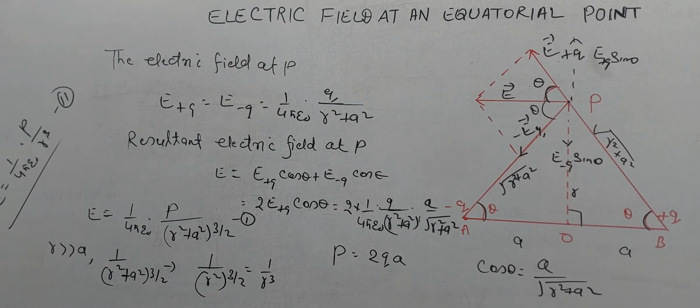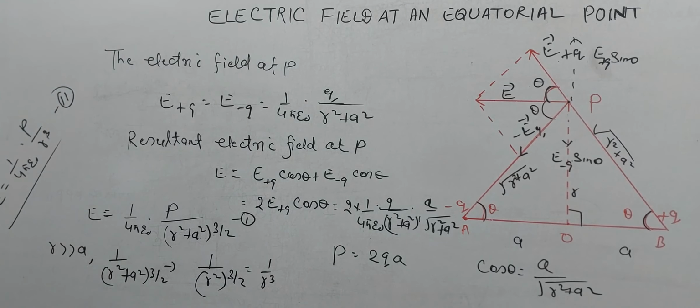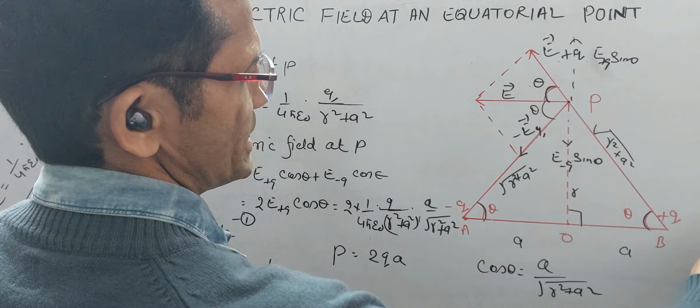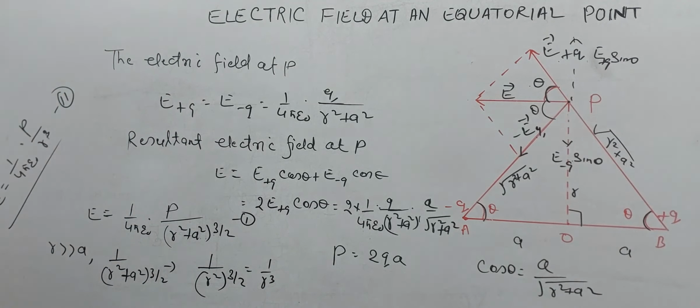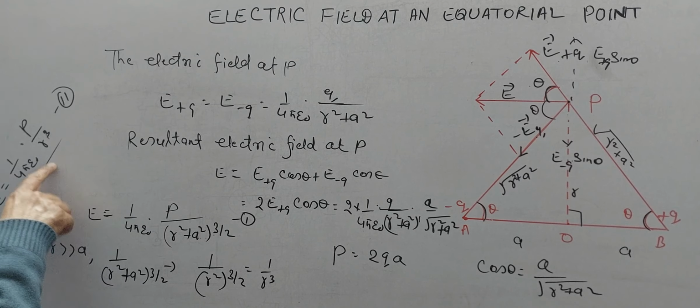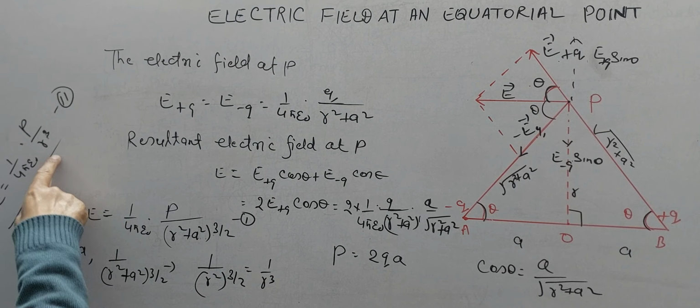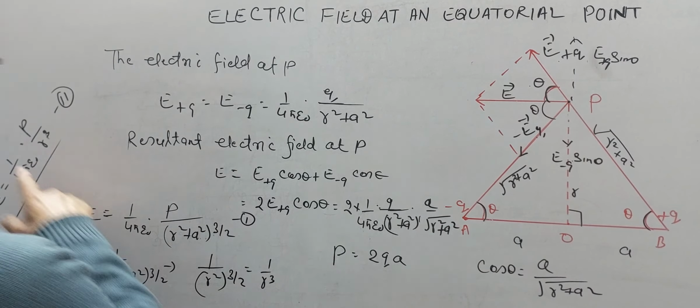Now what is the difference between the electric field at an axial point and the electric field at an equatorial point? We already know that at the axial point it has twice p upon r cube, and at the equatorial point we have p upon r cube.